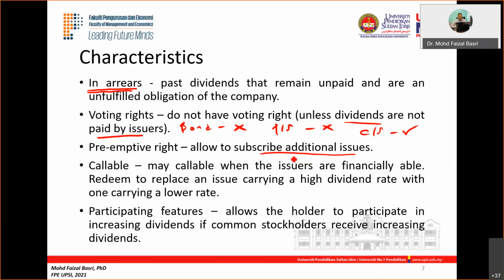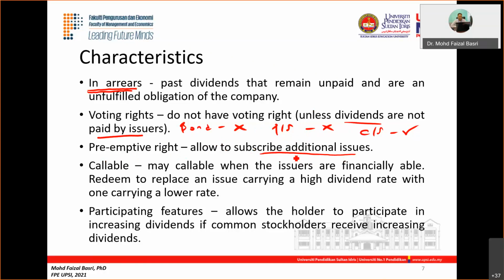Let's say I have preferred or common stocks of company A now, and the company decides to issue new shares. Before they issue to the public, they will offer to the current shareholders first. That is what we call preemptive rights: the right to purchase additional shares ahead of members of the public.